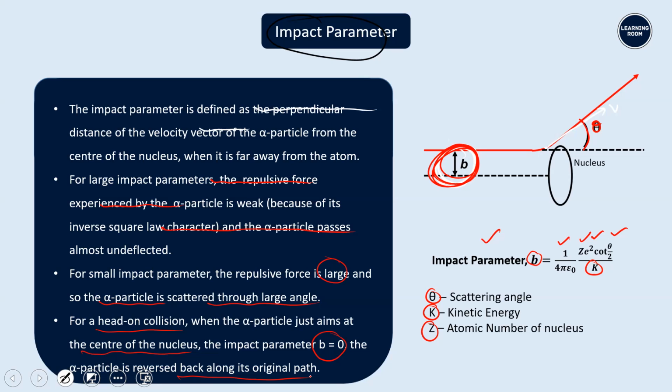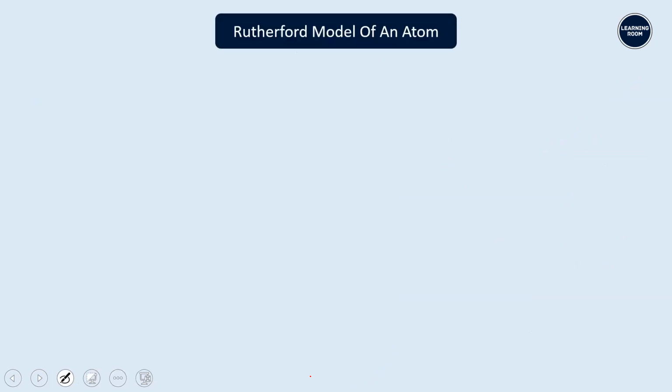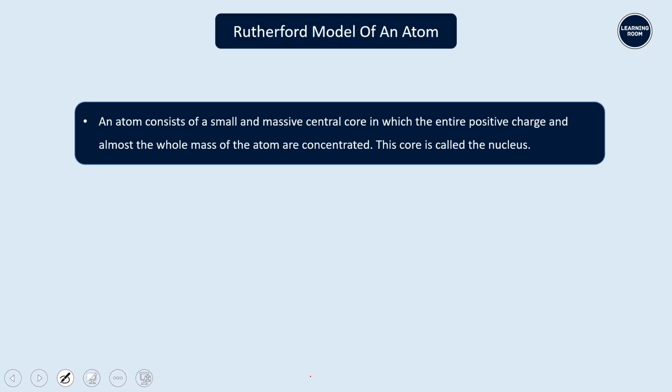Now, this is all about Rutherford's model of atom, but we are supposed to see the drawbacks. According to Rutherford's model of atom, an atom consists of a small and massive central core in which the entire positive charge and almost the whole mass of the atom is concentrated.